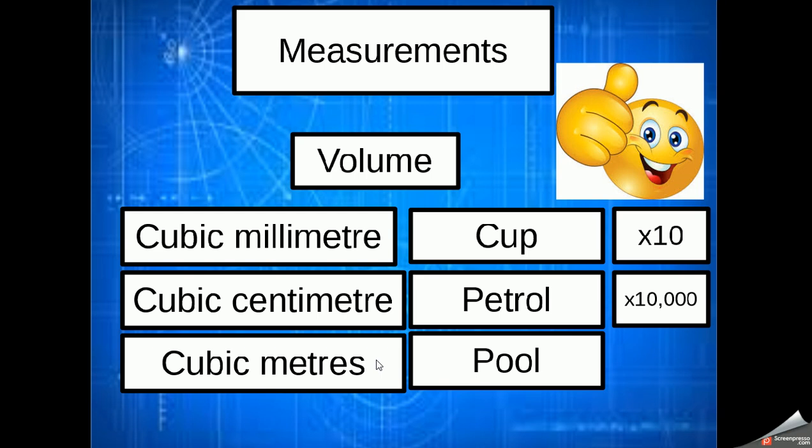So there are actually 1,000,000 cubic centimeters to a cubic meter. And we'd measure things like pools in cubic meters. So there are 1,000 cubic millimeters to a cubic centimeter, and there are 1,000,000 cubic centimeters to a cubic meter.